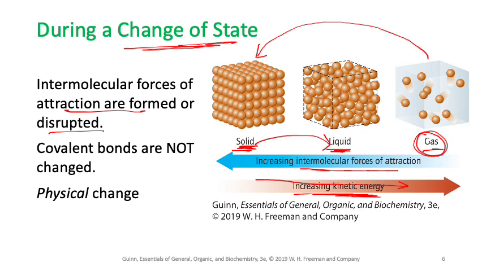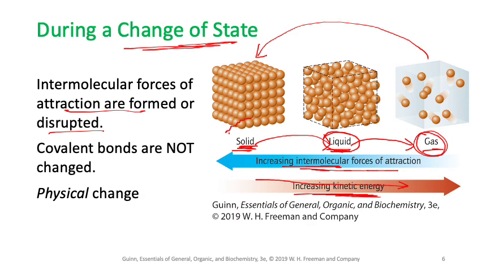For example, if I have to convert solid to liquid, I have to break the intermolecular forces between the solid atoms. That's why the atoms will be a little bit further apart. And if I want to go from liquid to gas, I have to break the intermolecular forces already present in the liquid, so that we can make the atoms even further apart. That's the case in gas, right?